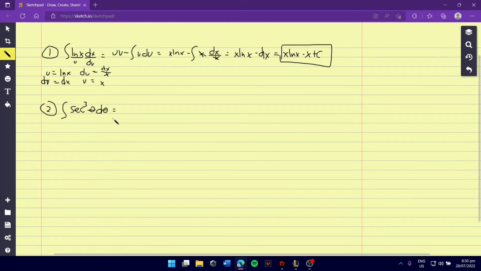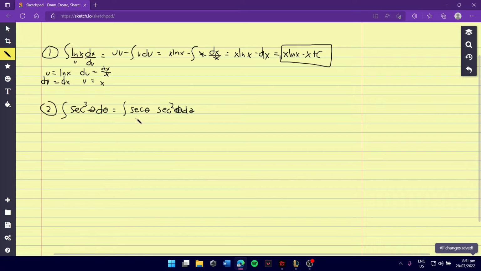First, we will separate secant here in order to apply our u and dv. So it will become the integral of secant theta, multiplied by secant squared theta d theta. So this is the same as secant cubed theta.